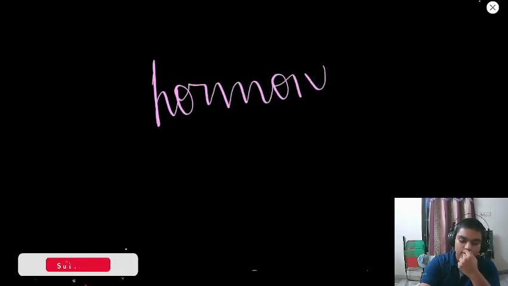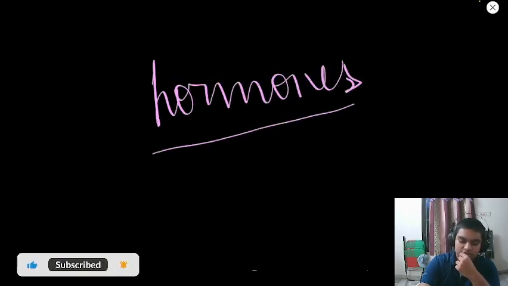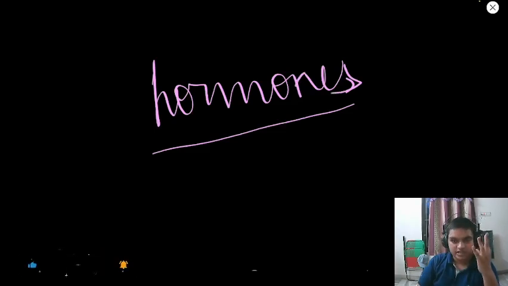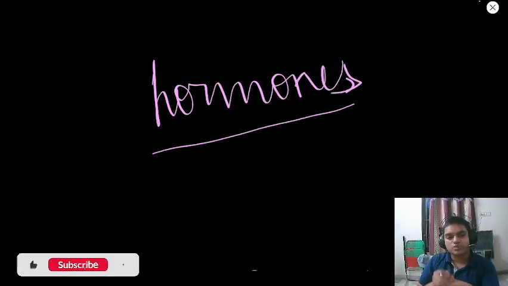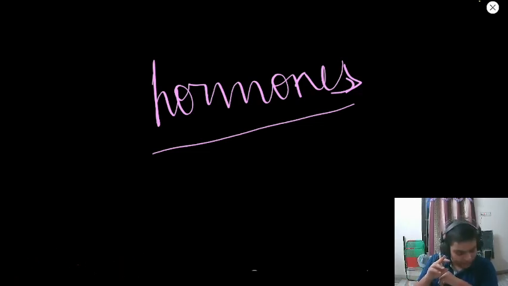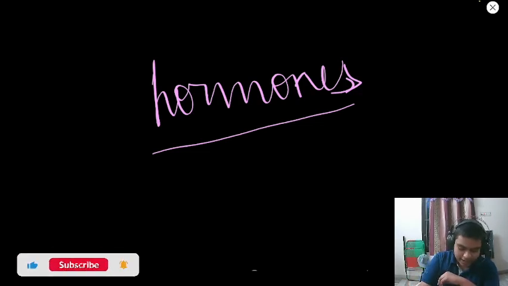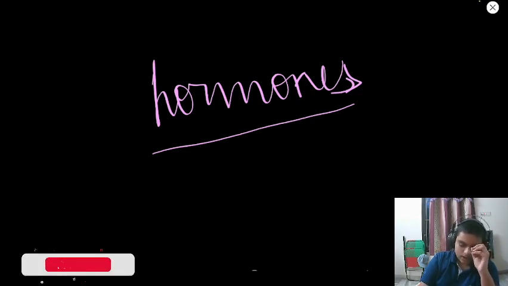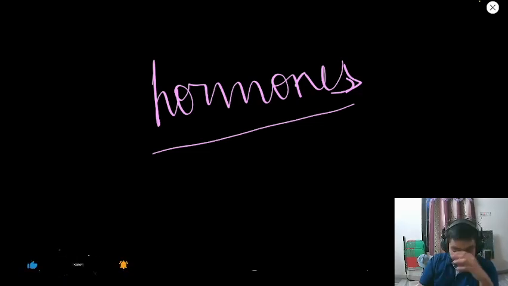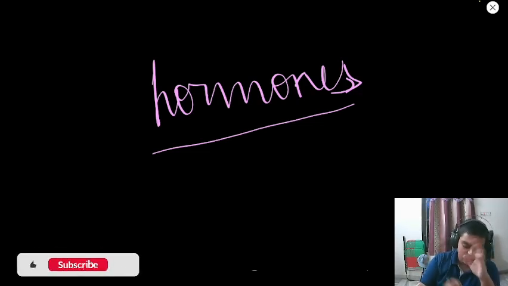No need to write this, just listen. How are hormones responsible according to them? I am reading the lines of NCERT. It has been hypothesized that there is a hormonal substance or substances that is responsible for flowering.